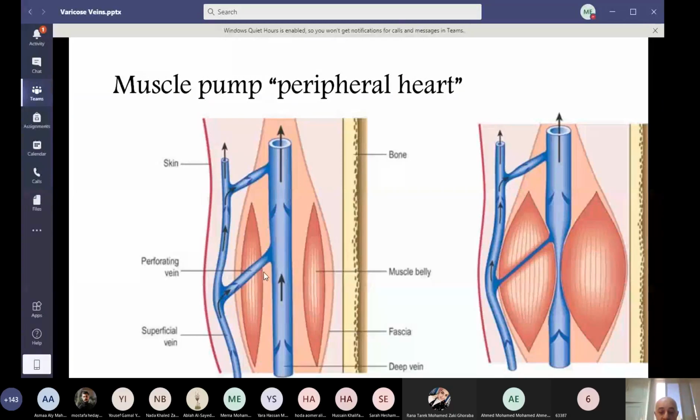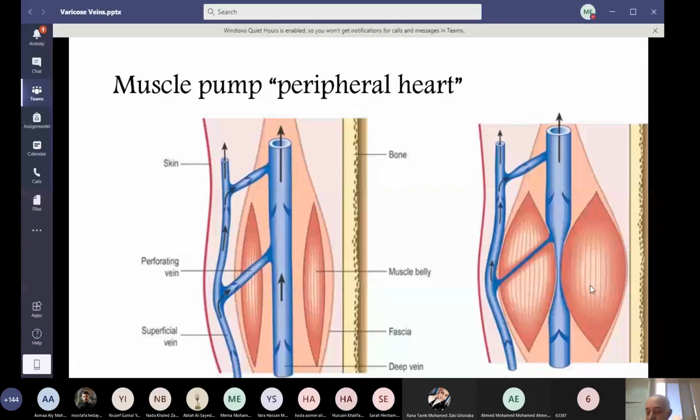When the cycle of contraction is repeated, and the muscle relaxes, blood passes from the superficial into the deep system, and the process is repeated. As you see, this is during muscle contraction and this is during muscle relaxation. The integrity of this peripheral heart, or the calf muscle pump, depends upon the integrity of the muscles.